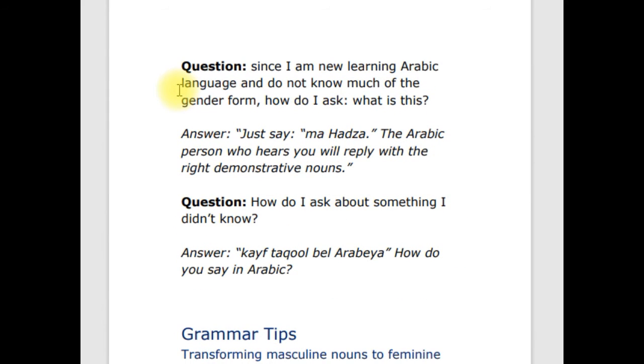Question: since I am new to learning the Arabic language and do not know much about gender forms, how do I ask what is this? Answer: just say ما هذا. The Arabic person who hears you will reply with the right demonstrative noun. Question: how do I ask about something I didn't know?